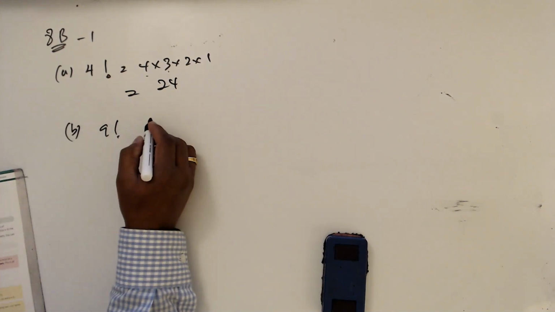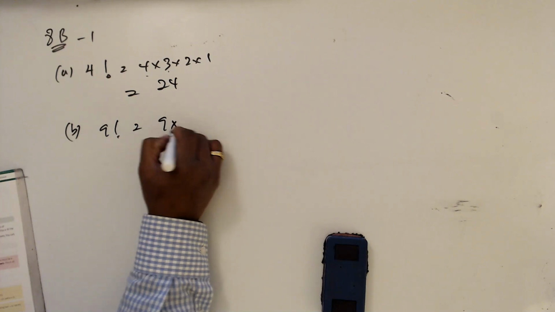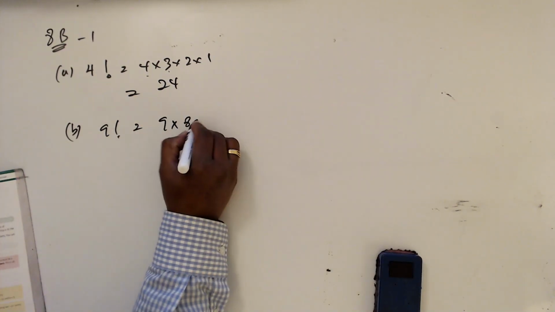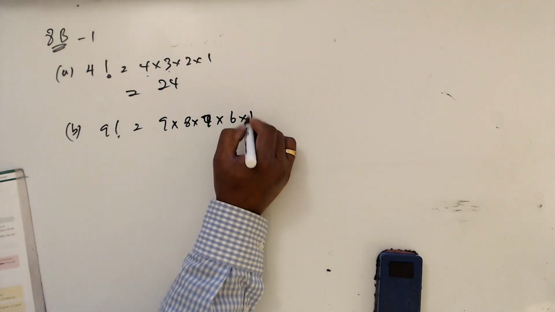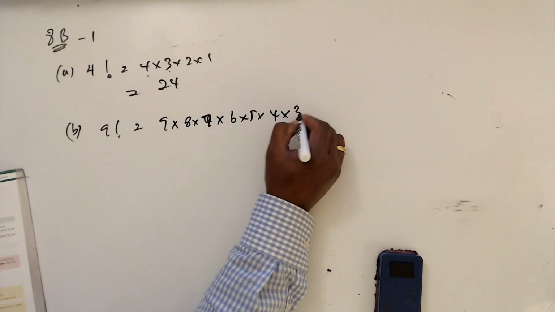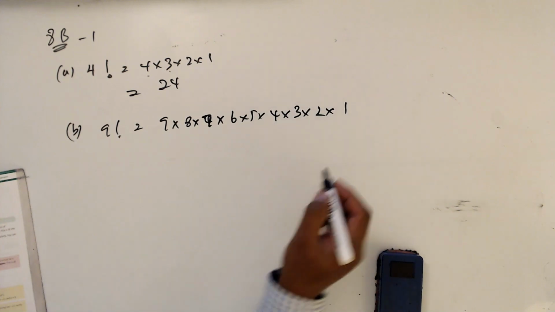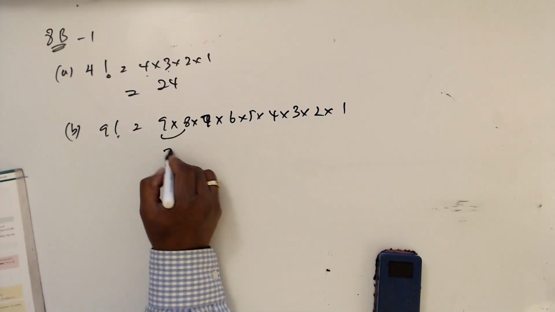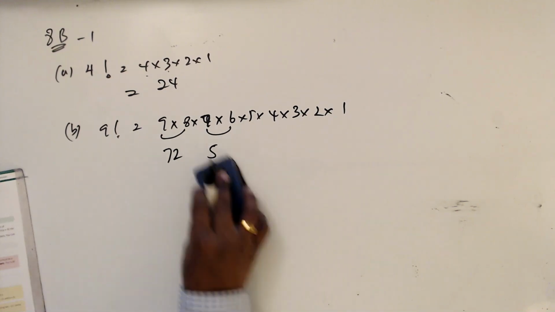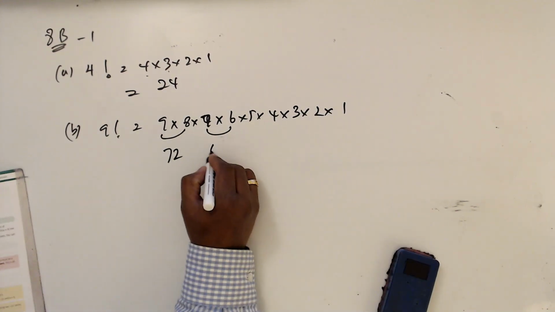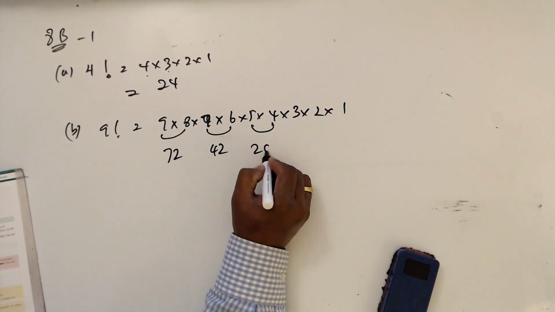Factorial 9. So 9 times 8 times 7 times 6 times 5 times 4 times 3 times 2 times 1. This is 72. This is 42. This is 20.